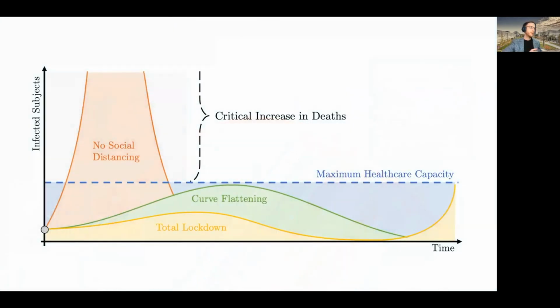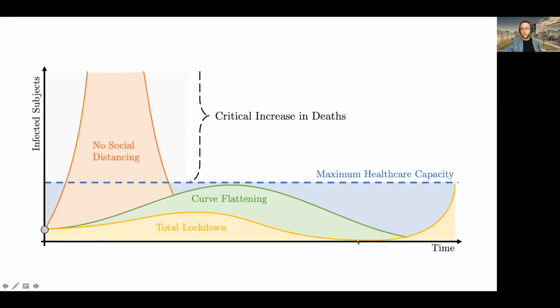More specifically, we can see here three ideal strategies. One is to not implement any social distancing, and this of course creates a high number of infected in a short time, and soon we move over the maximum healthcare capacity, and here we have a critical increase of deaths. On the other end of the spectrum, we have total lockdown, which in the short term, of course, works pretty well in terms of reduction of infected subjects and also reduction of deaths, but it cannot last forever.